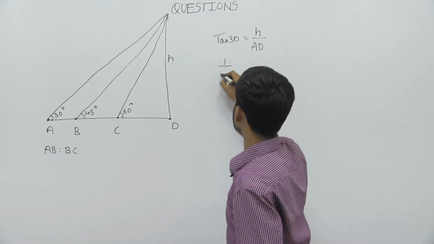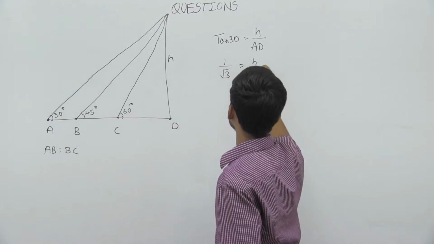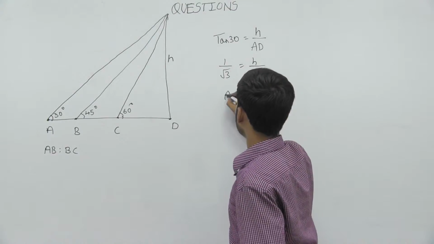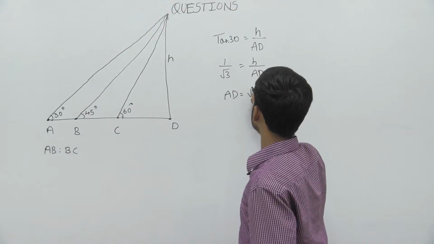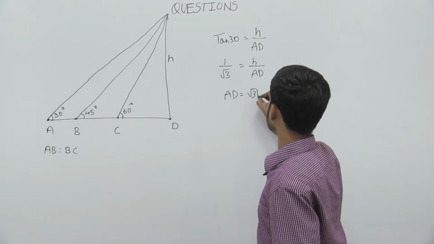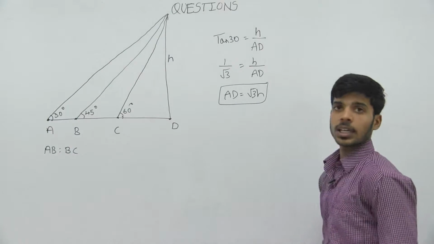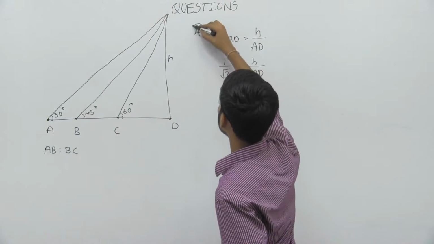Tan 30 is 1 by root 3, equal to h by AD. So we have AD is equal to root 3h.